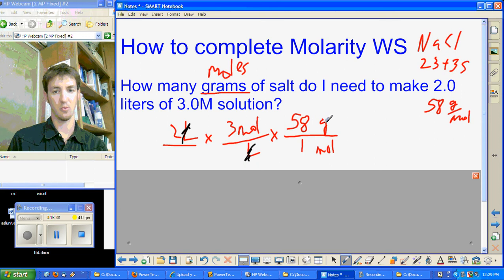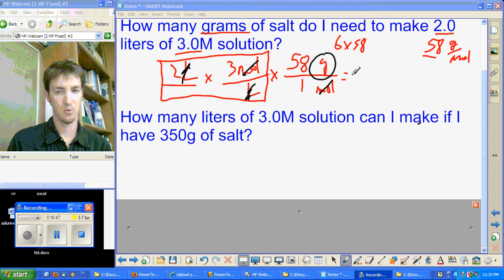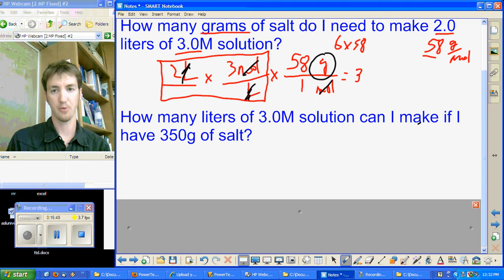Each mole weighs 58 grams, so really it's 6 times 58, if you want to look at it like that. So altogether I get 348 grams. Sig figs, this has 2. The 2.0 had 2, 3.0 had 2. So everything had 2 sig figs, so I'm going to call that 350 grams of salt.